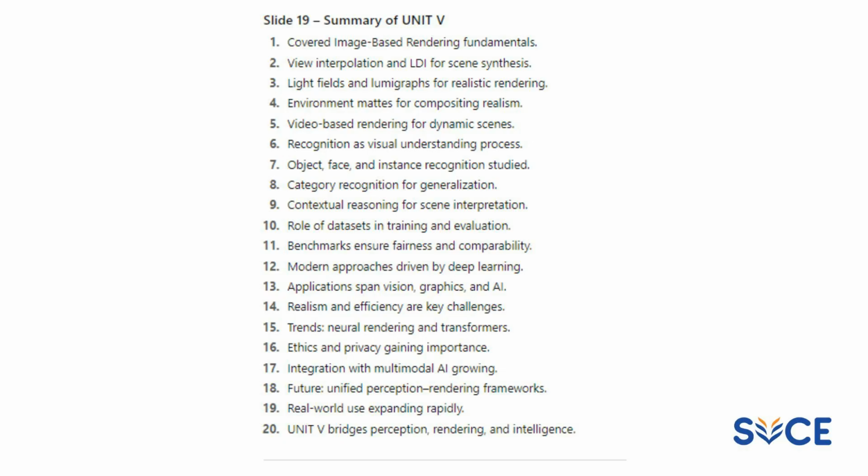It also discusses recognition as a visual understanding process, with category recognition, facial recognition, object detection, and ethics and privacy gaining importance, along with trends and applications spanning vision, graphics, as well as AI. So it gives an overall view of the perception, rendering, and intelligence of this unit. Thank you.